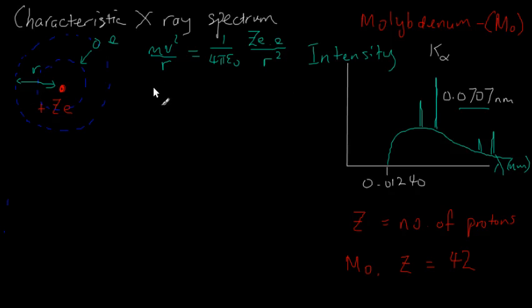Okay, and following the steps that we have used for Bohr's model, just bring the r squared over to here, separate out the v, so mvr is equal to Ze squared over 4 pi epsilon naught.